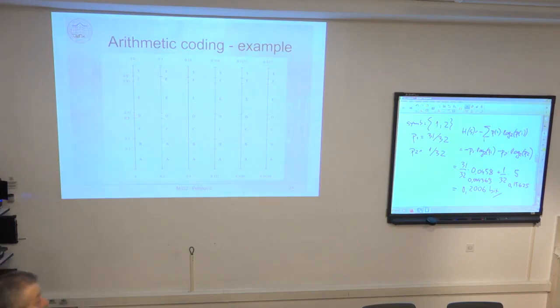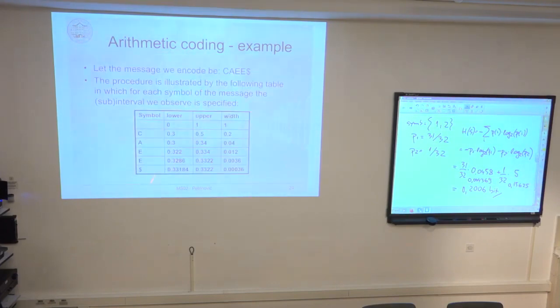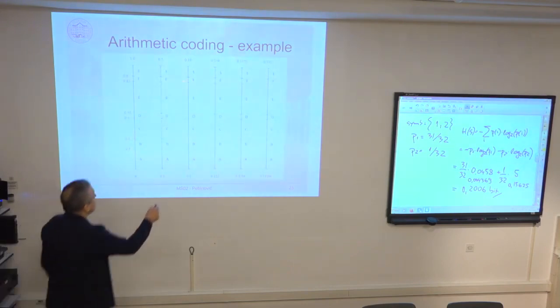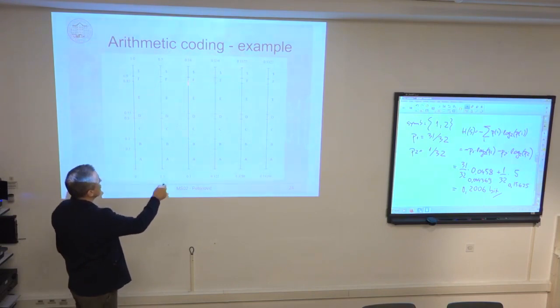Now that I know the new upper and lower bound of the interval, I write it here again, from 0.3 to 0.34. Now I again subdivide this interval in the same relative ratios, and the next symbol is symbol E, this region here.